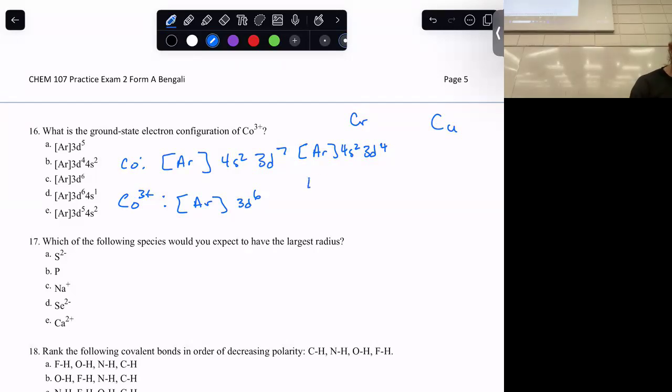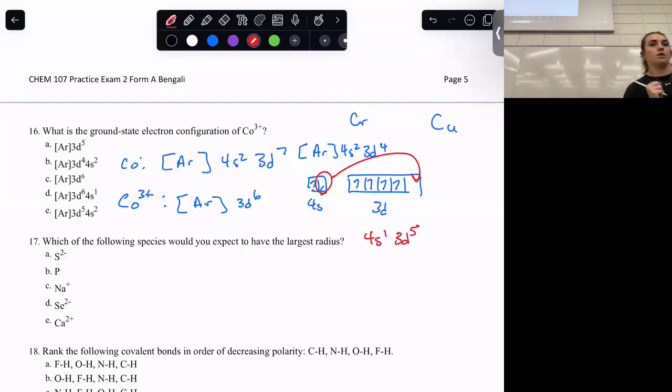However, this means that we have a 4s that has a paired electron and then a 3d that has 4 unpaired and then 1 empty orbital. And so it's actually energy efficient to jump this paired electron up into this unoccupied orbital. So it's actually going to be 4s1, 3d5. Yes. Yep.